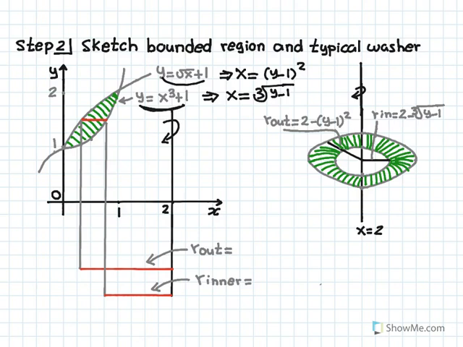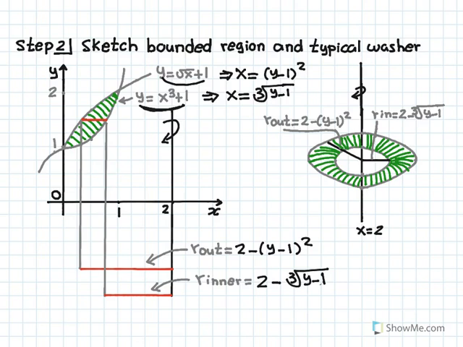So the outer radius is 2 minus y minus 1 squared, and the inner radius is 2 minus third root of y minus 1. And we've drawn a typical cross-sectional slice, and we add up these cross-sectional slices in the y direction to find the volume of the solid of revolution.